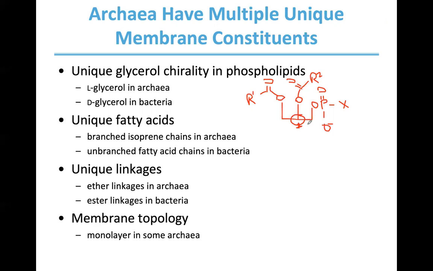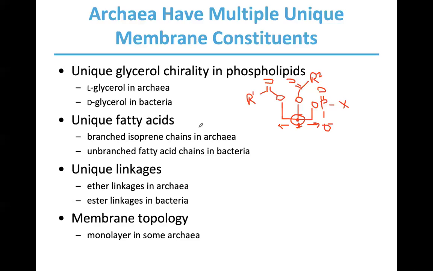If you go right this way, you go to the phosphodiester. So this is a chiral center, and so phospholipids are chiral. Just like amino acids, we talked about chirality. Lipids are chiral in organisms.